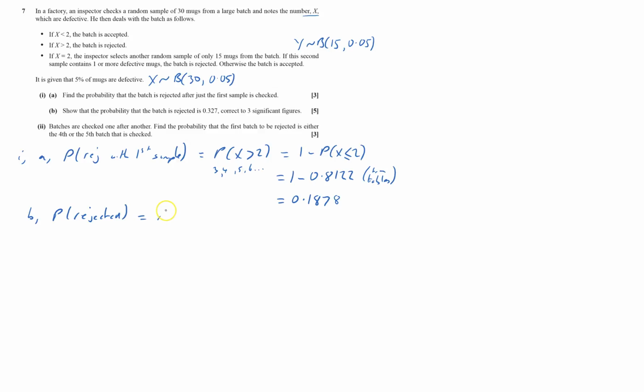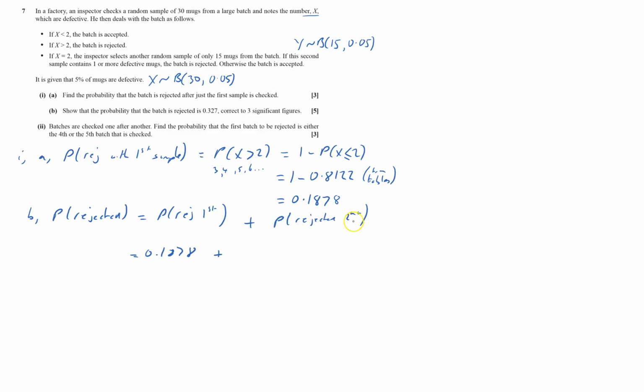You could be rejected after just the first sample, which is 0.1878, plus the probability rejected on the second sample.